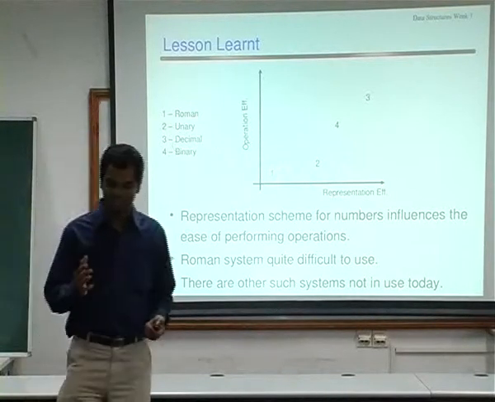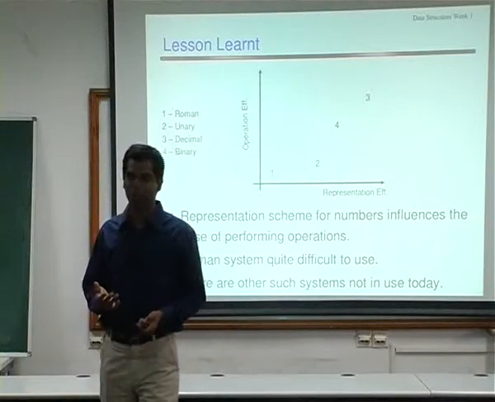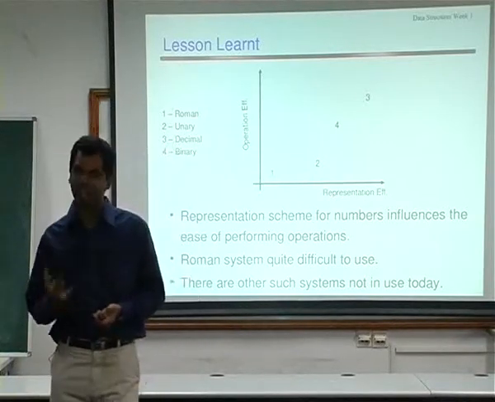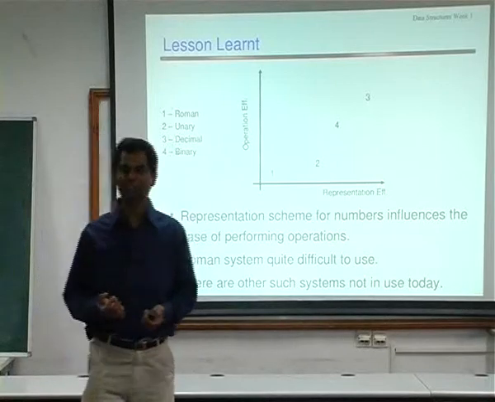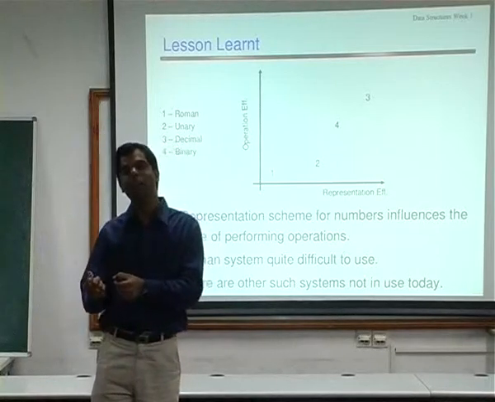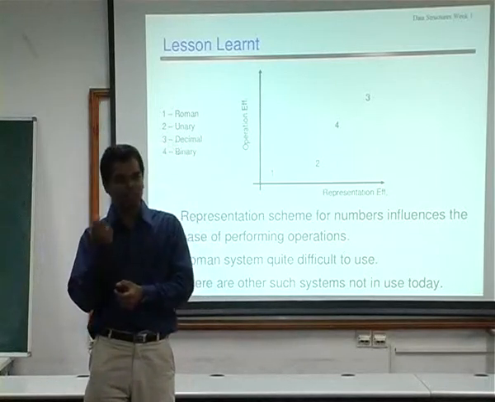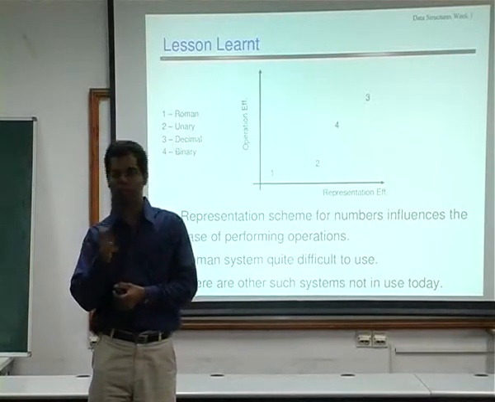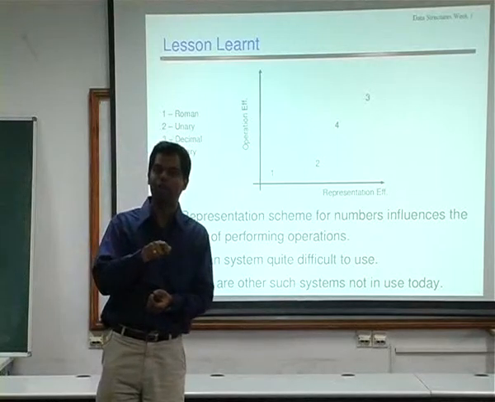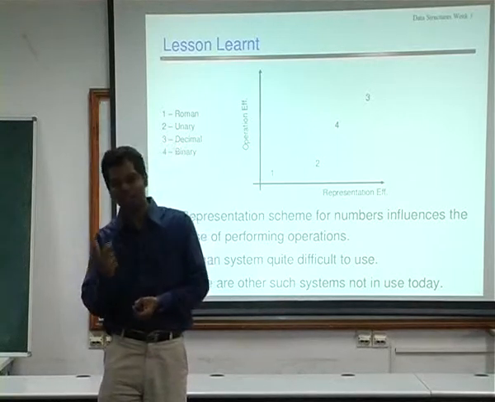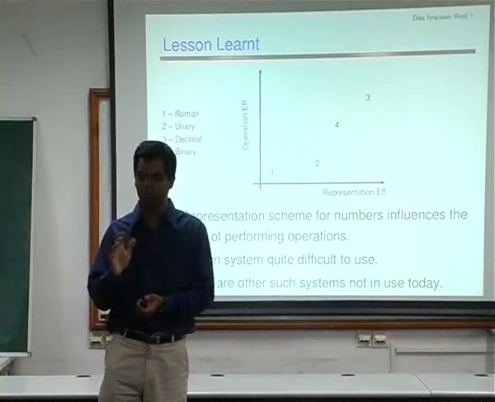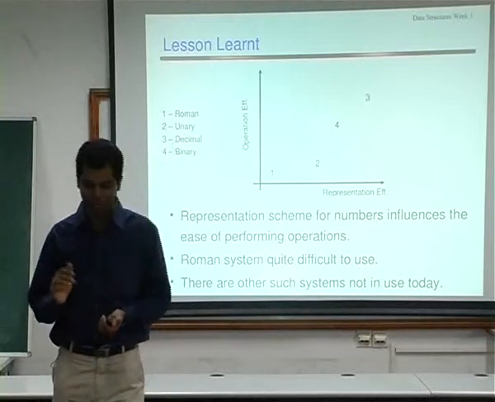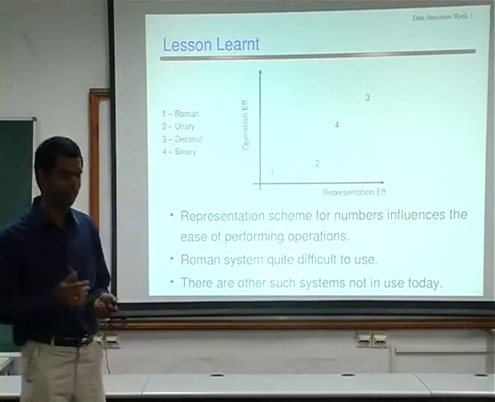You saw that it is very difficult to operate using these Roman numerals, but I would claim that even representation is not very easy, simply because the meaning the symbol carries changes according to its position to the left or right of a higher numbered symbol, right? So an XL is different from LX, right? That's not very easy to take into account.